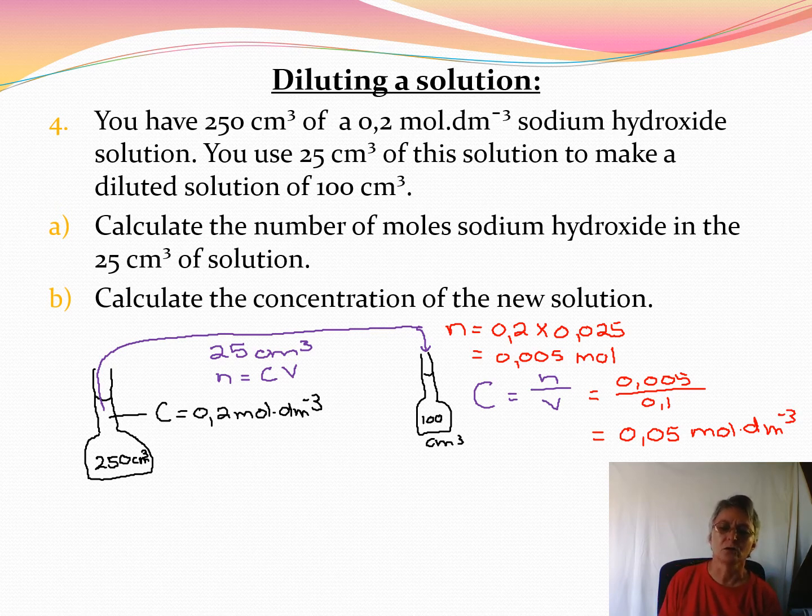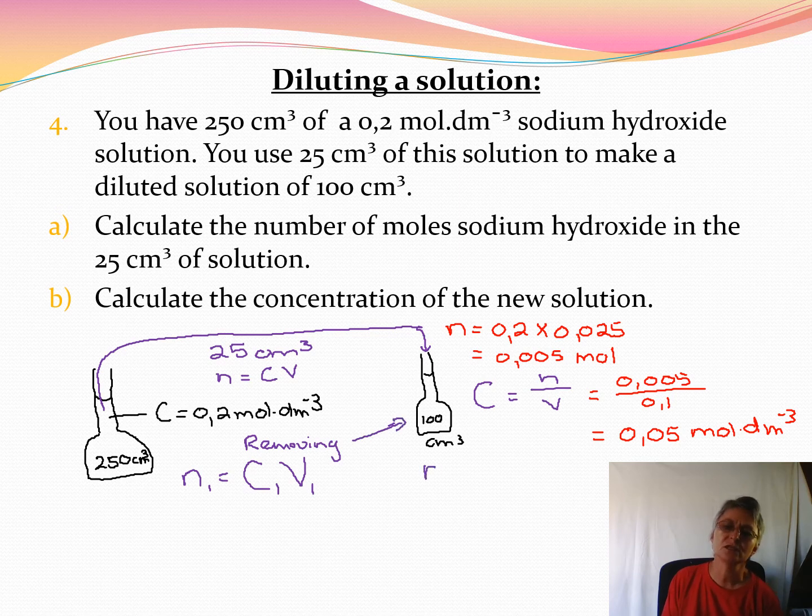Because the mole that we take out here, we can calculate that using the original concentration and the volume that we're removing. So this is what we're removing, and we're placing it into the 100 cubic centimeters.